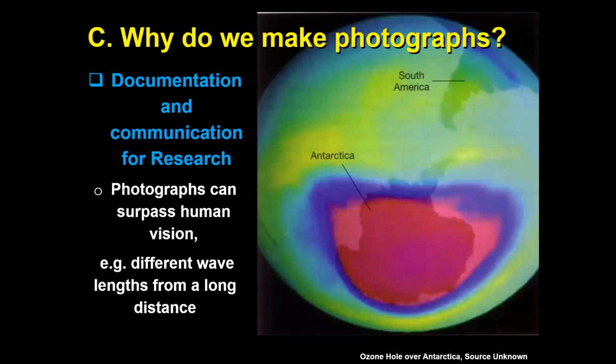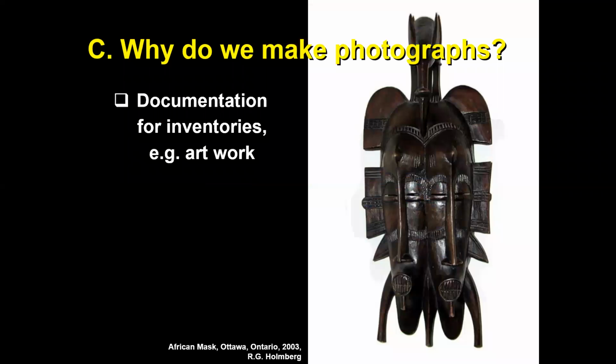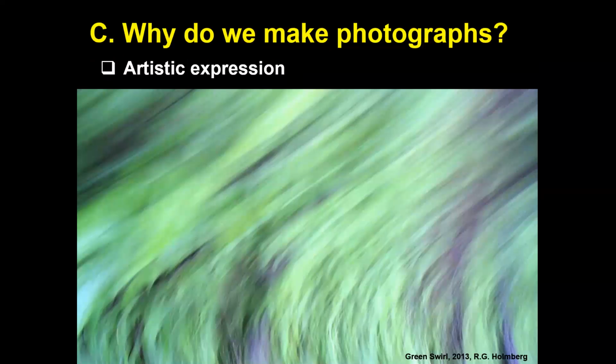And then we can make photographs from areas where we cannot go ourselves. This is a satellite image of the South Pole, and it's also taken in wavelengths that we cannot normally see, but then converted into other wavelengths that we can see. Then we can document inventories such as artwork. We can use it for artistic expression.